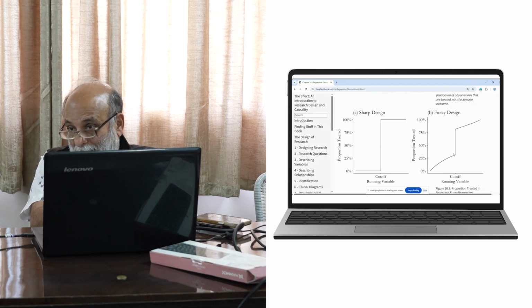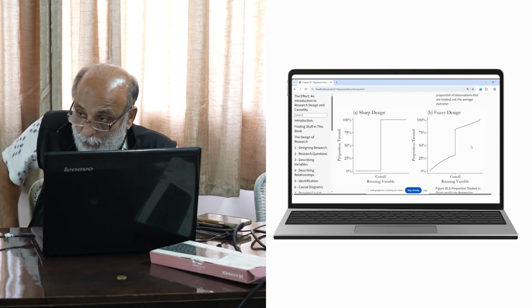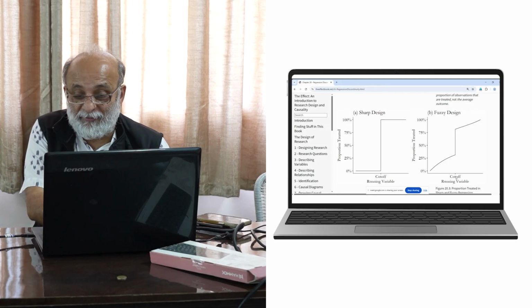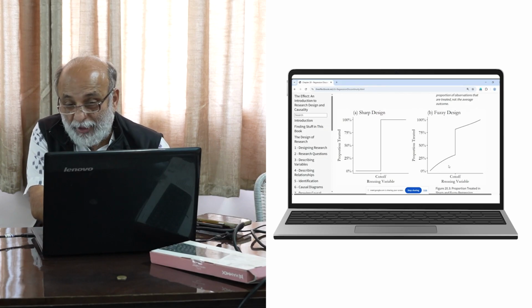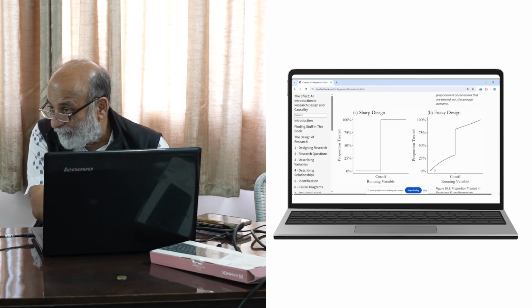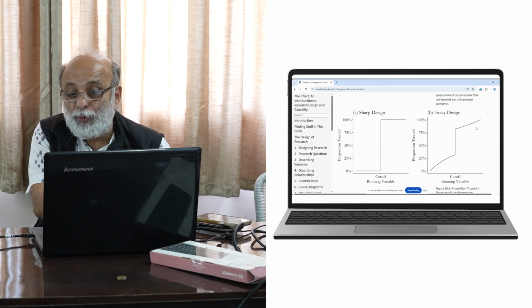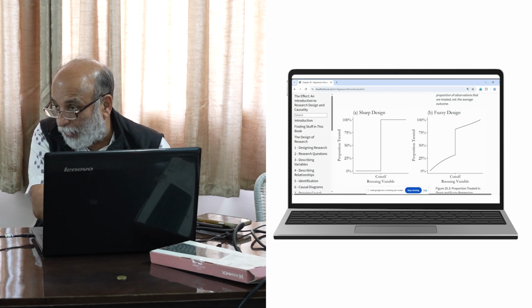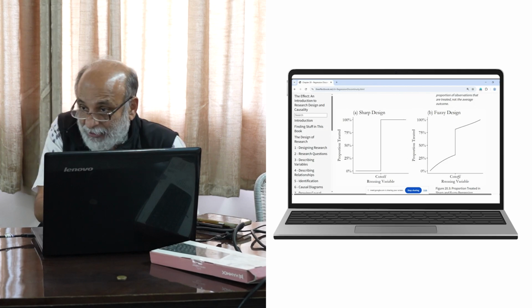Had there been no jump, had the scholarship made no impact, then this would have gone on like this. But you expect that those who got the scholarship, so this was the 75% cutoff, all those here are treated, all those here are untreated. And if you expect the treated group to have had a higher trend compared to the non-treated group, there should be a jump. How do you test this jump?